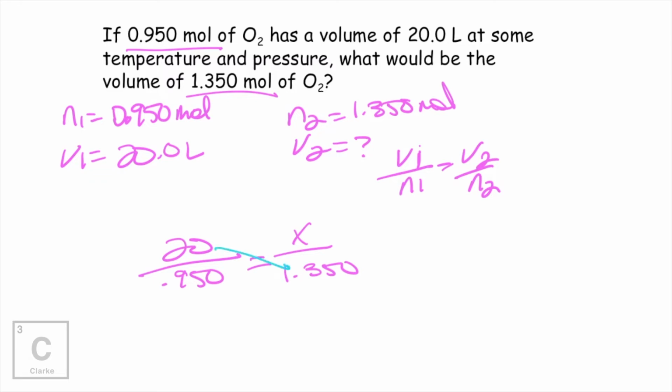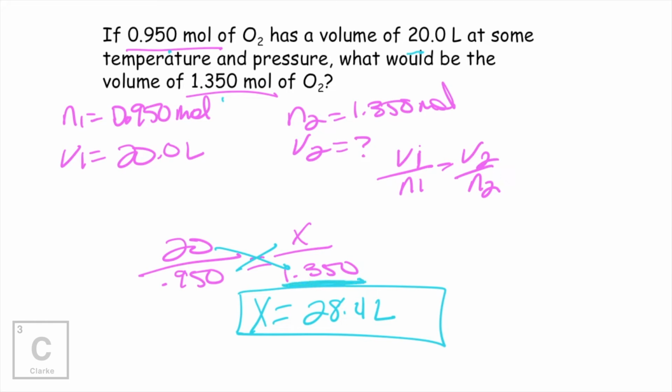I'm going to multiply 1.350 times 20, and then I'm going to divide by 0.95. Let's see, I've got 3 sig figs, 4 sig figs, so my answer needs 3 sig figs. X equals 28.4 liters. We had more moles, so we expect that to take up more space.